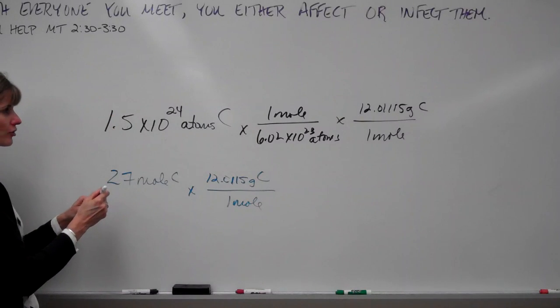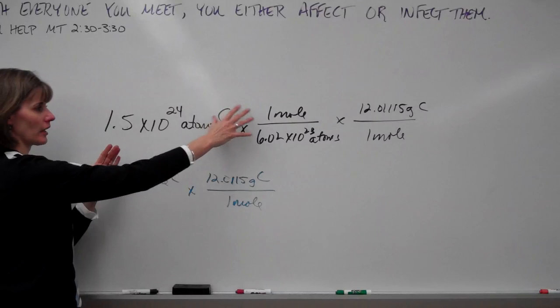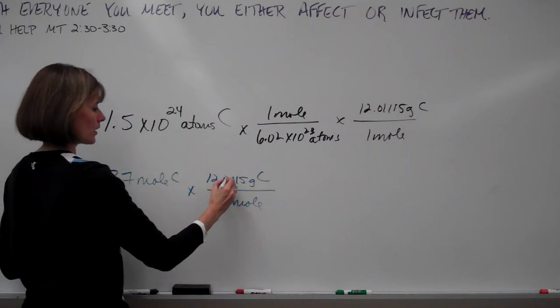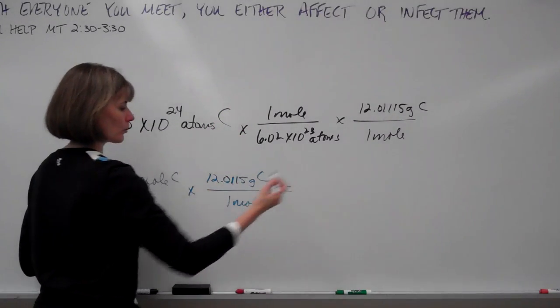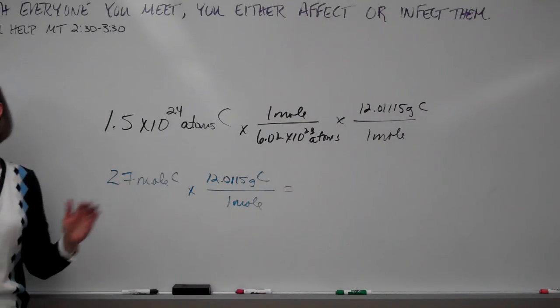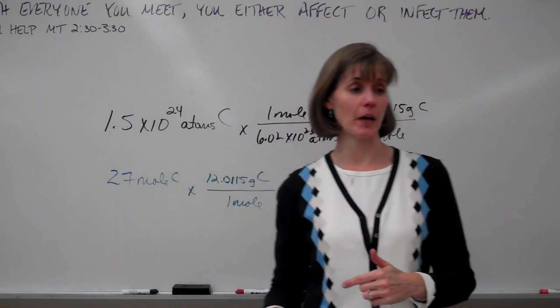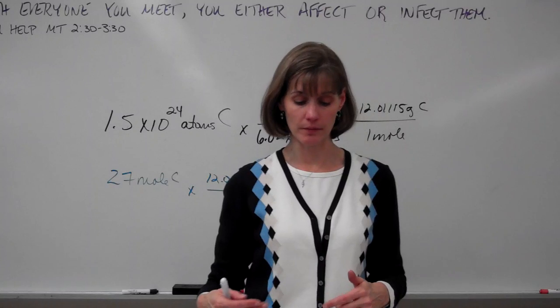Can you see that that's just this conversion factor out of this problem? We just didn't have that other step. So 27 times 12 divided by 1, whatever that is, will give you your mass of carbon. So this problem is actually more involved than this one. But the math, you're either multiplying or dividing by atomic mass, or multiplying or dividing by Avogadro's number in all of these.